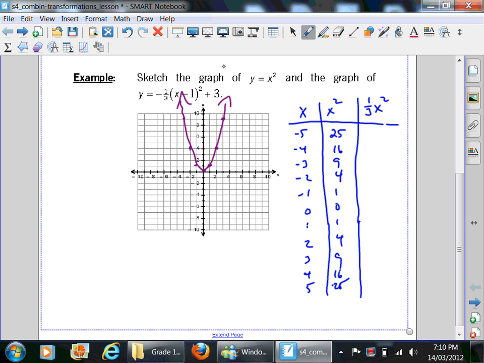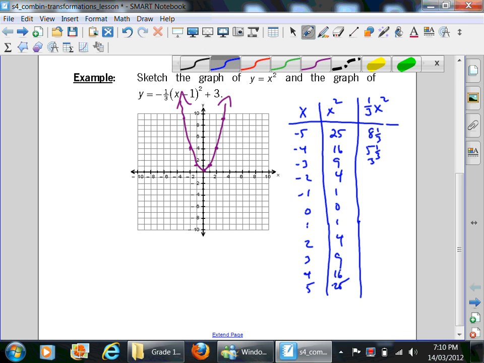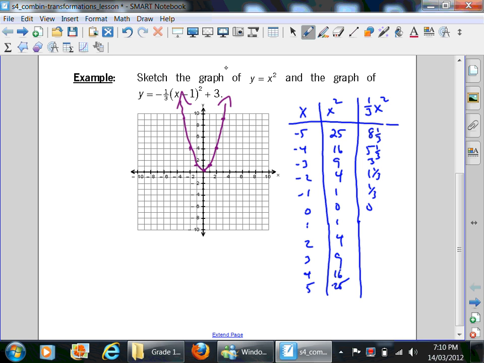Now if we take a third of those numbers, then we're going to get 8 1/3, 5 1/3, 3, 1 1/3, 1/3, zero, 1/3, 1 1/3, 3, 5 1/3, and 8 1/3.